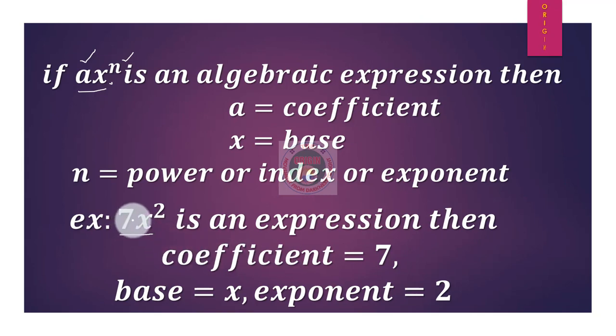The coefficient is a, that is 7, and in place of x, the base is x, and in place of n we have 2, that is why the exponent is 2.